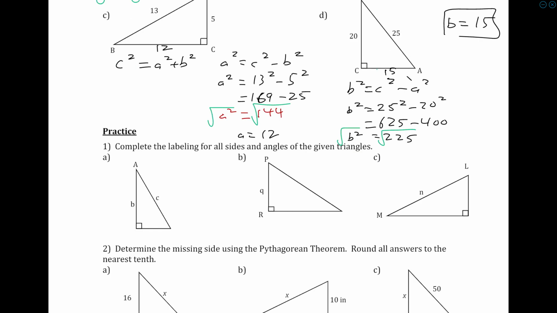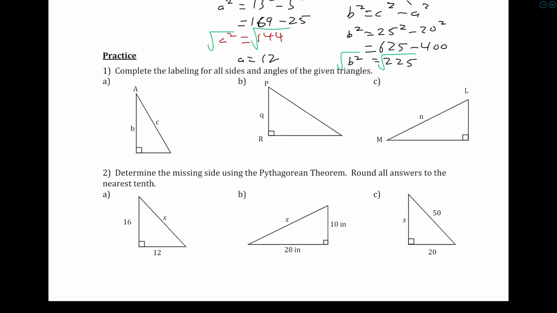Now, on this next one, what it's asking us to do here is just label which one goes with which. I'm just going to show you how we would look at it. So if I know this is angle A, this is side B, this is side C. How do I fill in the rest of the letters? What's the rest of this triangle?